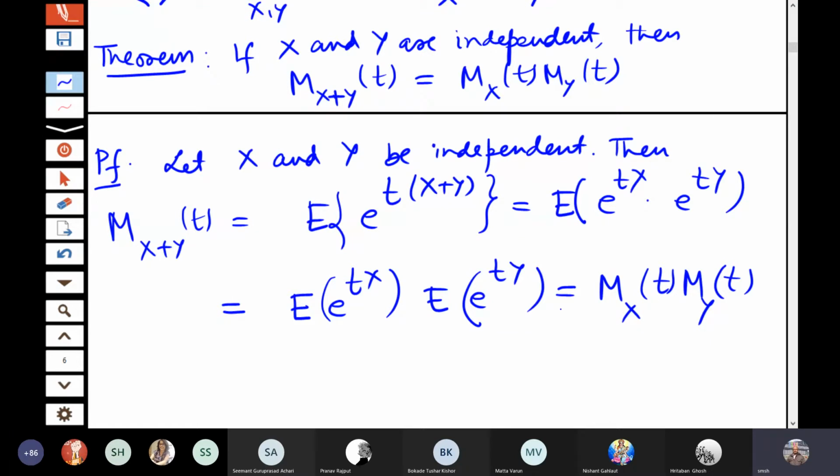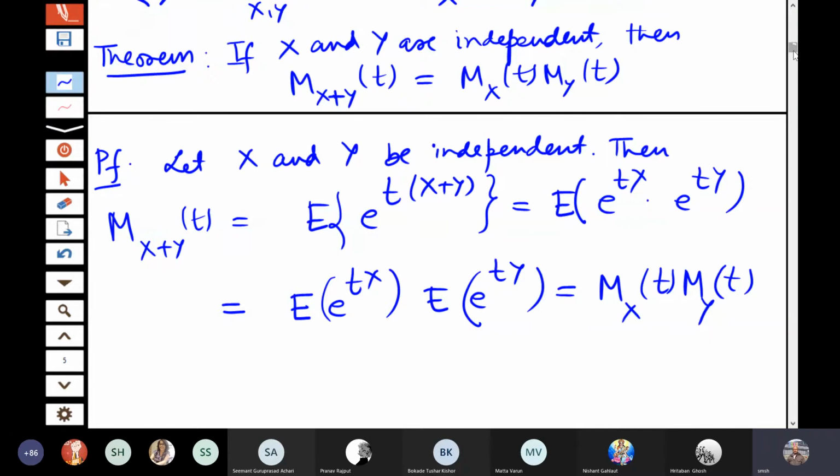So I will show you the usage of this for deriving various distributions. But before we go to that, let us take up one important joint distribution. So we have discussed several examples here of joint distributions in the case of discrete and in the case of continuous. We have done several problems now.